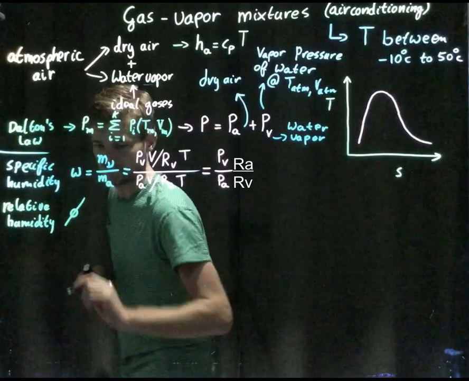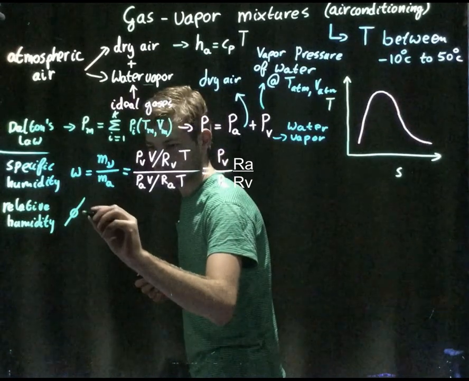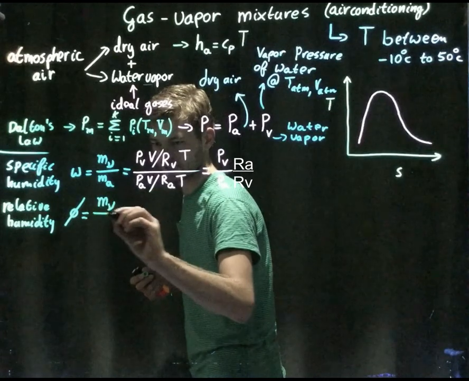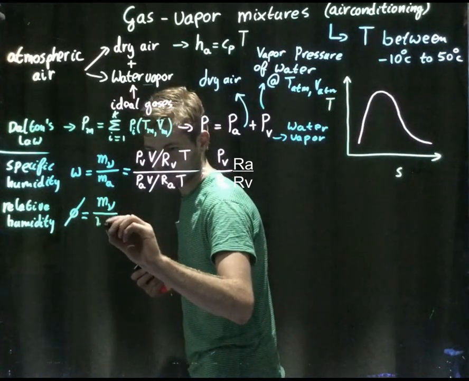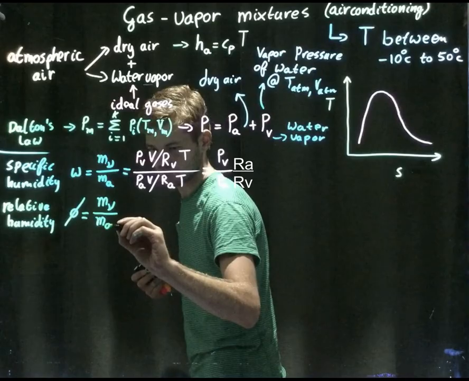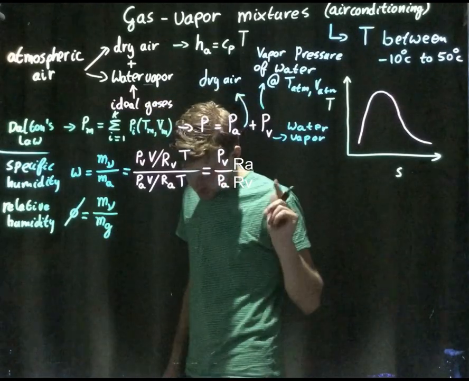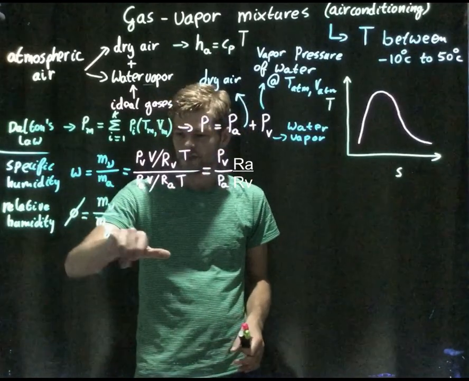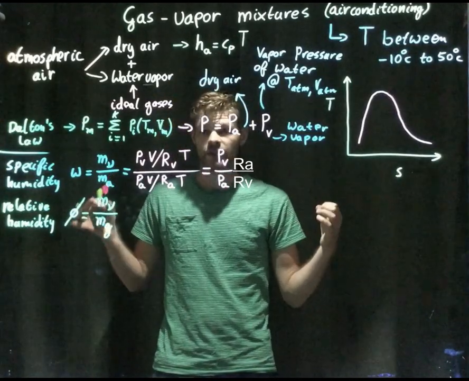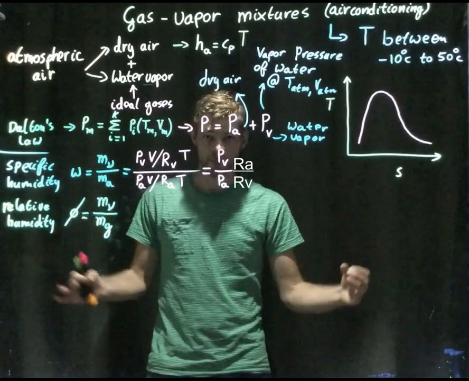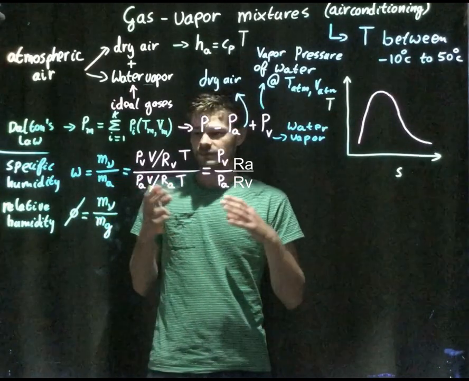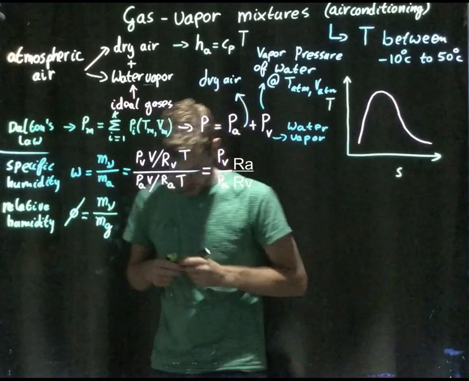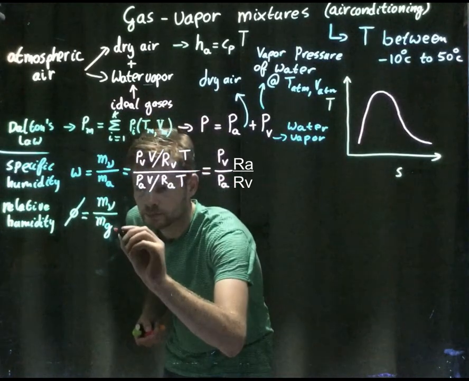And that's denoted by phi, and that's equal to the mass of the water vapor that's inside the air divided by the mass of a gas. And I need to explain this. So this is the relative humidity, and this m g is the amount of water vapor the atmosphere can contain just before condensation. So I will write it down.